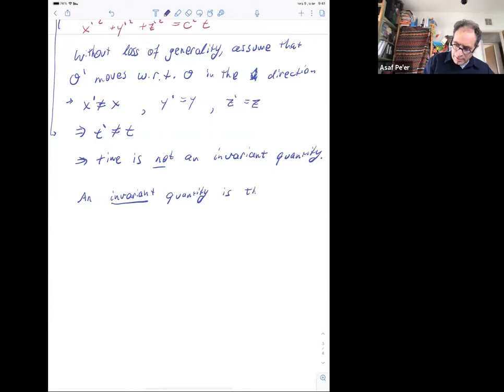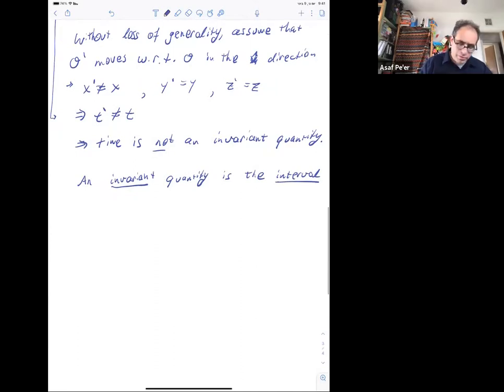Is the interval, right, between two events.